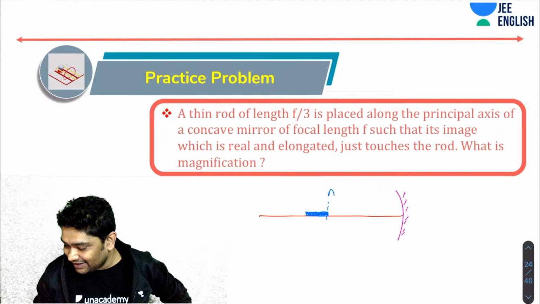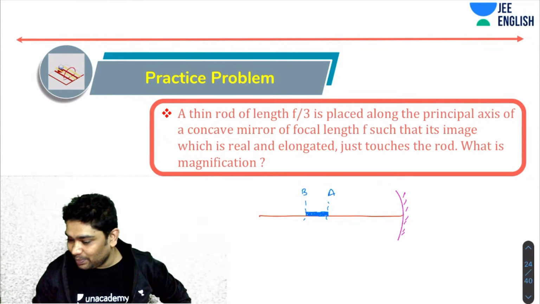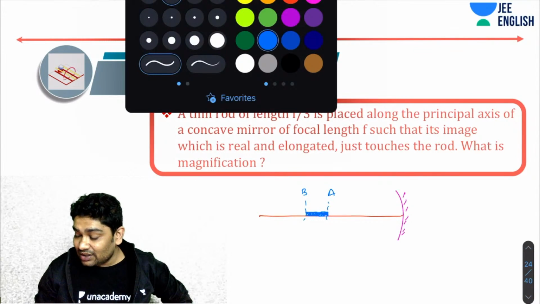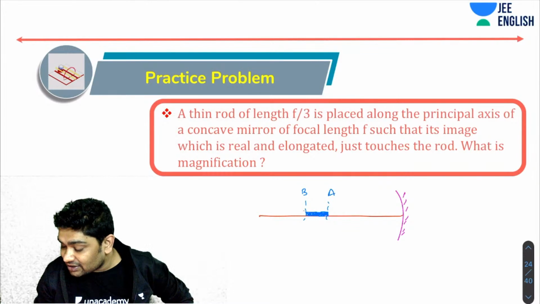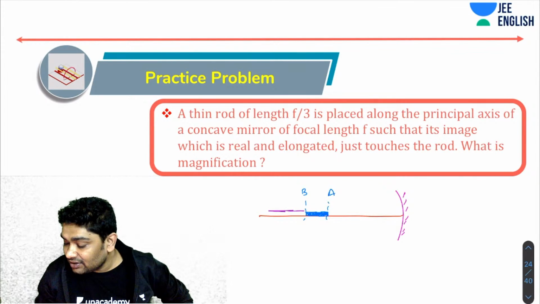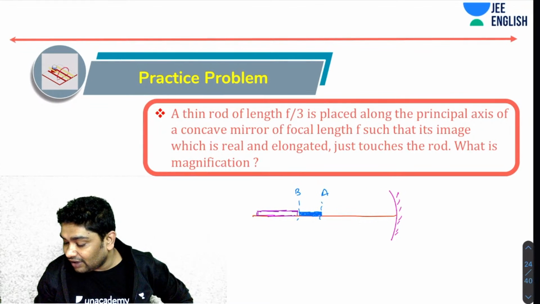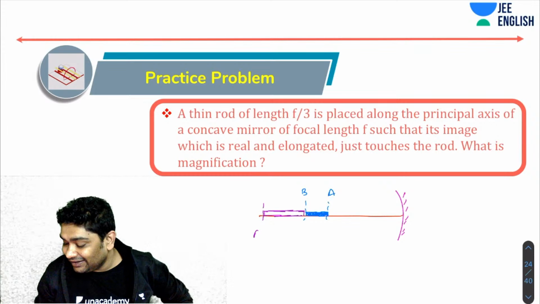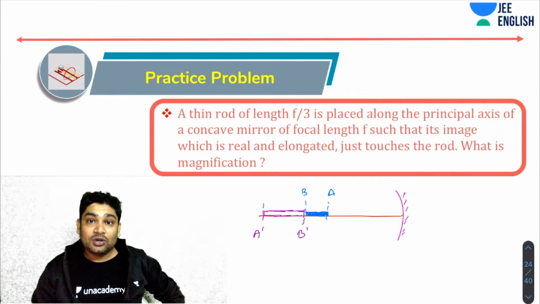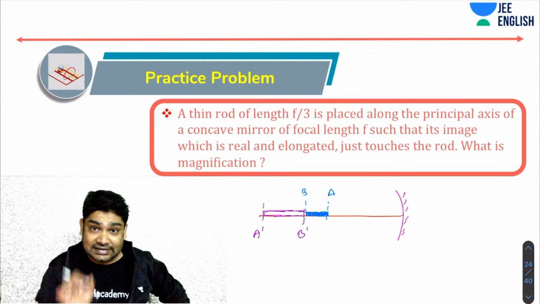Let's call this end A and let's call this end B. Since the image just touches this, the image should be like this. You would have had A dash form somewhere here, and you would have had B dash form somewhere here. So obviously B has to be at the center of curvature.